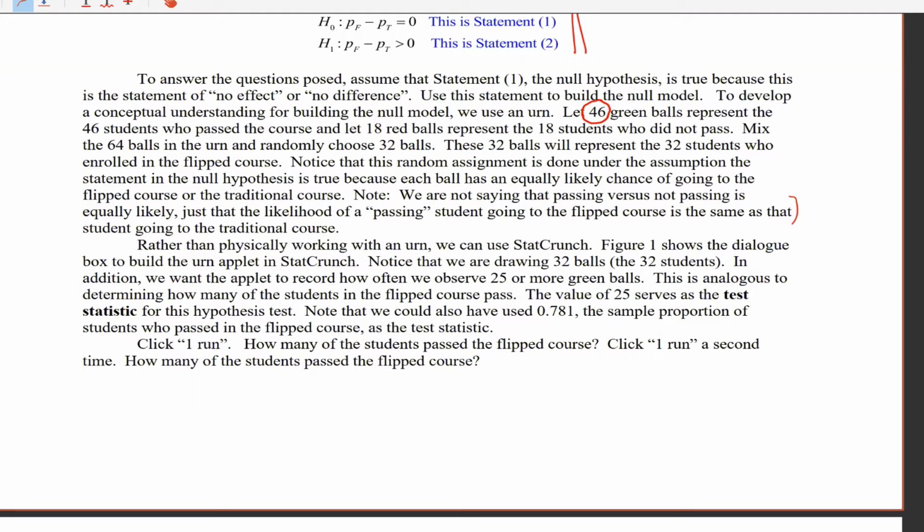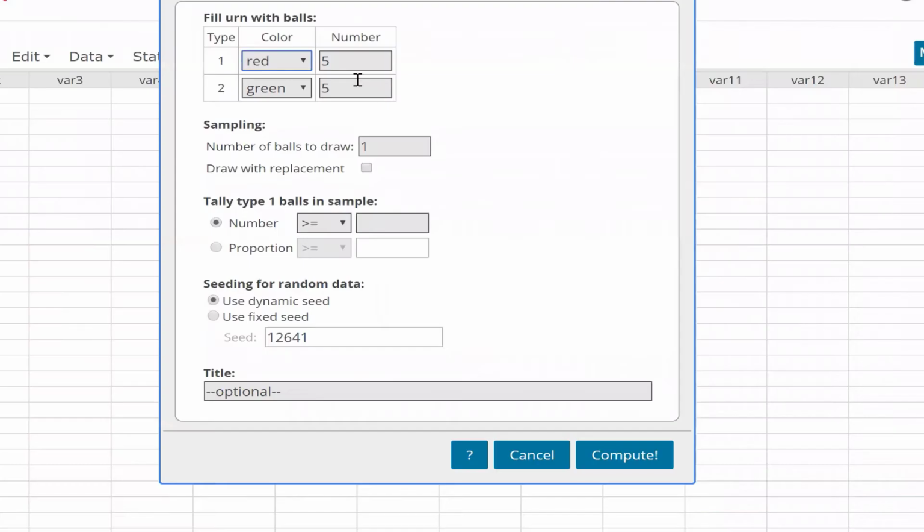So the green, there's going to be 46 of them, and the red, 18 of them. Again, the green balls are students that pass. The red balls are students who do not pass. We're going to draw 32 balls. These are the 32 students who are going to go into our flipped classroom.